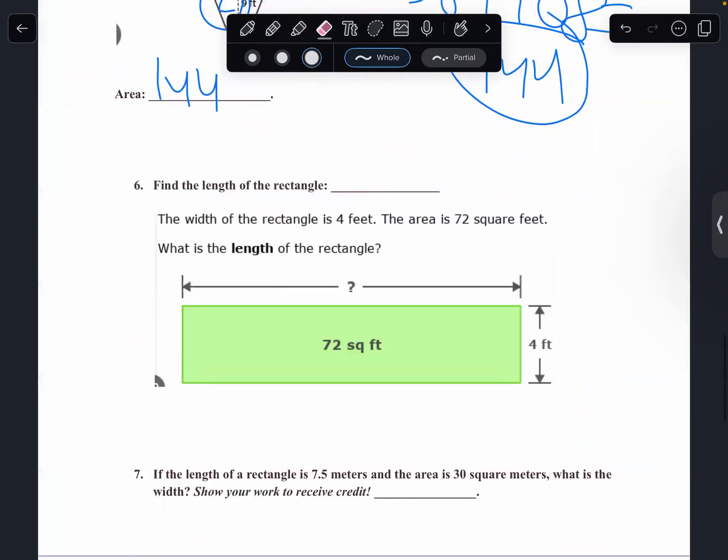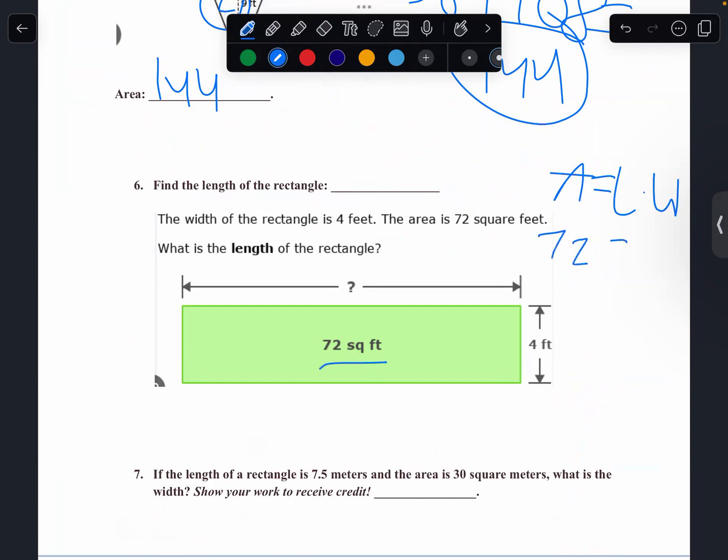Now we've got a couple finding missing lengths. If you have a rectangle, the area equals the length times width, right? So here I gave you the area, 72. I gave you the width of 4. So it's L times 4. Well, what's the opposite of times 4? It's divided by 4 on both sides.